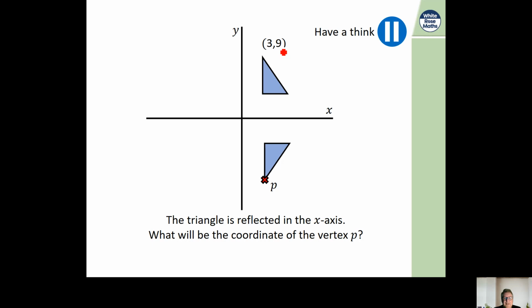Remember, this is the X and the Y. This time it's being reflected in the X-axis. As you can see, this is the vertex that you've got marked.